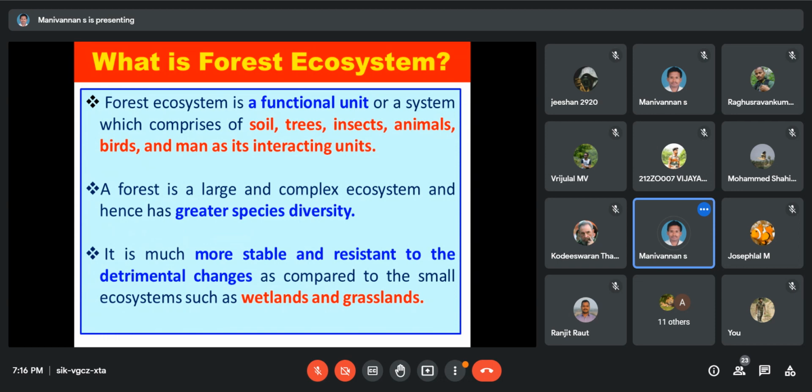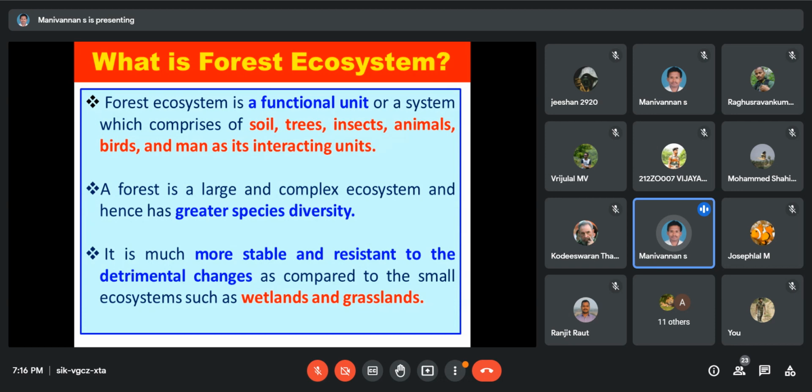The forest ecosystem is a functional unit containing different components: soil, trees, insects, animals, birds, and man as interacting units. That's why it has greater species diversity and is more stable than other ecosystems, for example wetlands and grasslands.